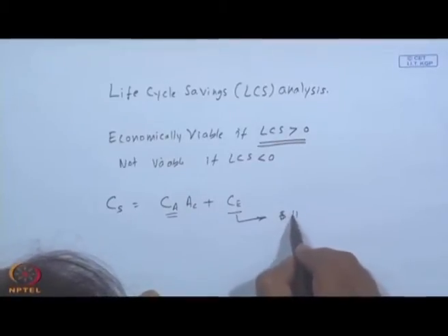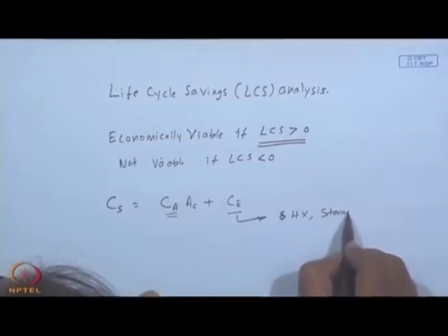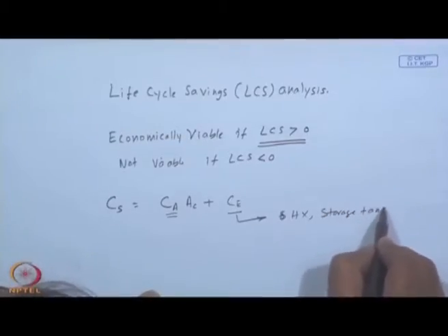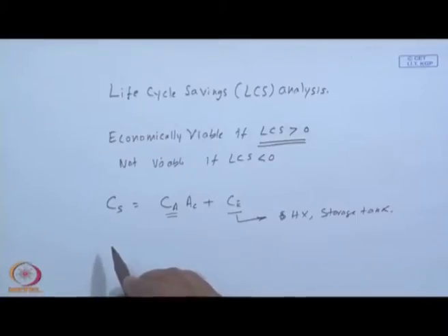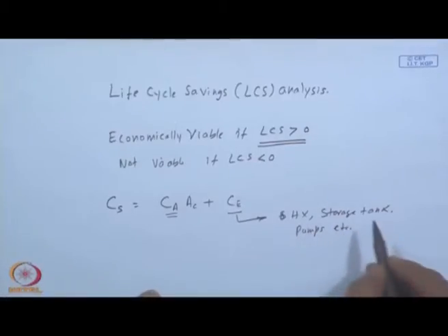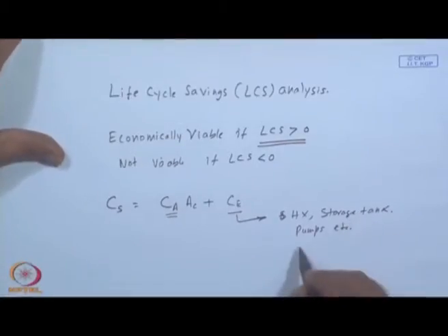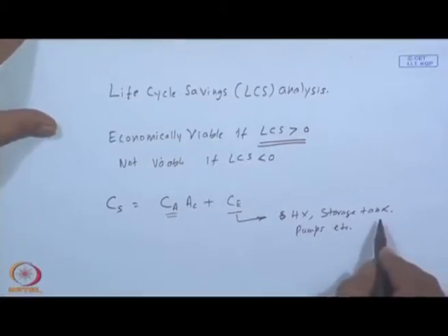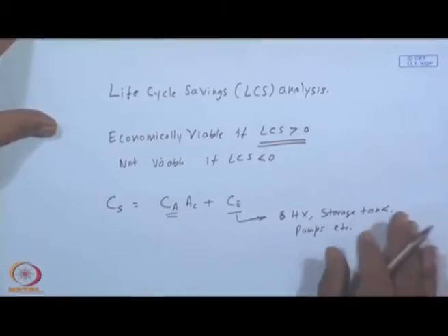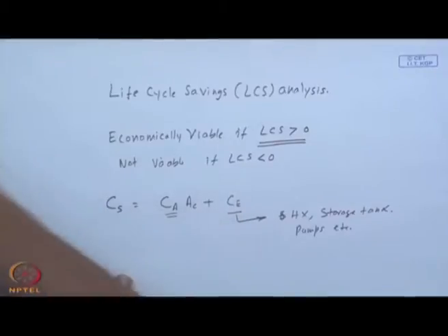heat exchanger, and maybe to some extent the storage tank, though that is also proportional to the collector size, and then pumps, etc. Unless the size drastically changes, the pump, the heat exchanger and the storage tank do not change directly in proportion to the area of the collector.